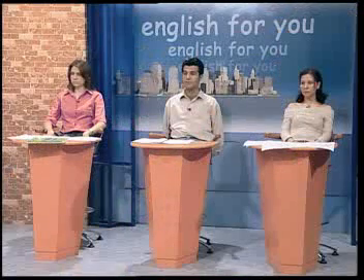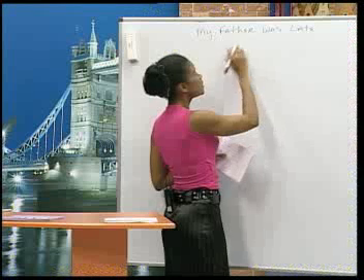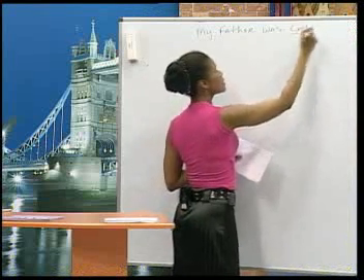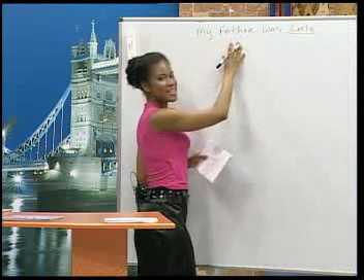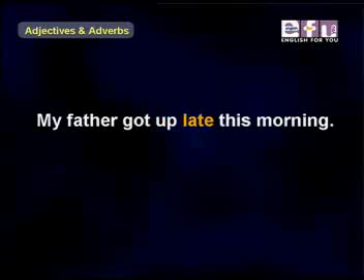Let's look at the next example. My father was late. Here, late tells us about father, a noun. So that means late is an adjective. But my father got up late this morning.